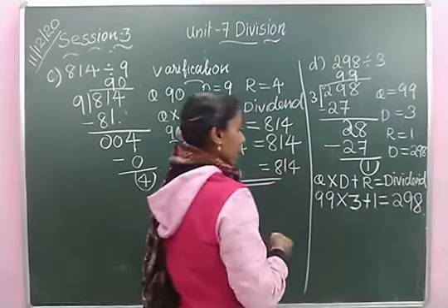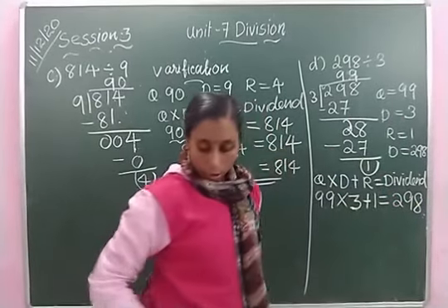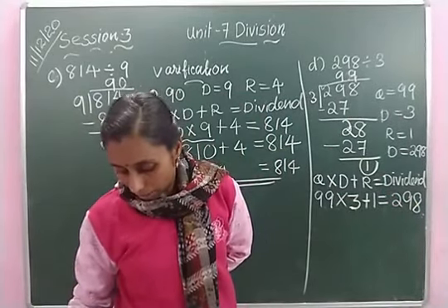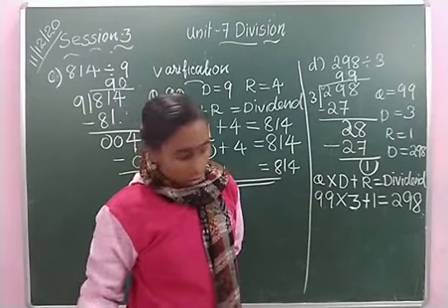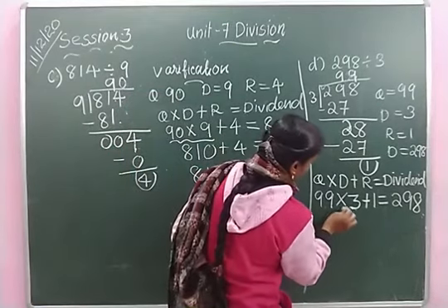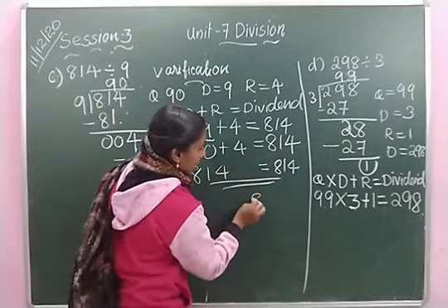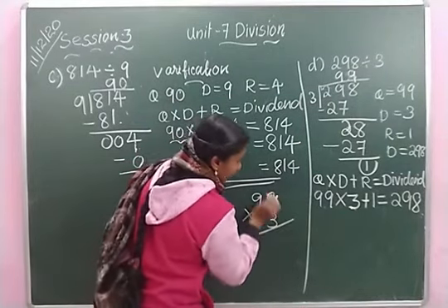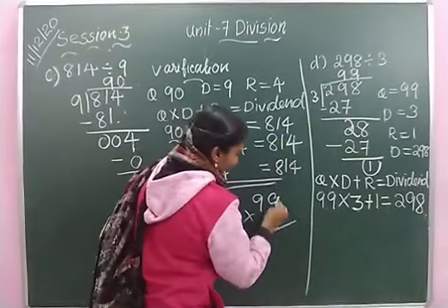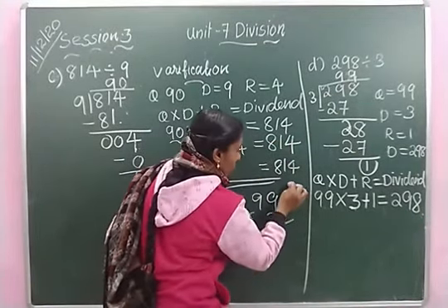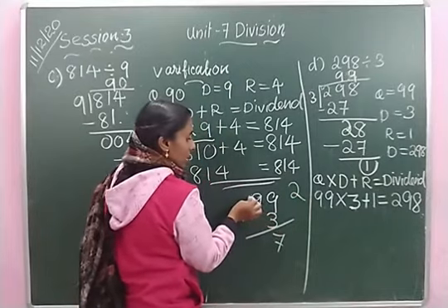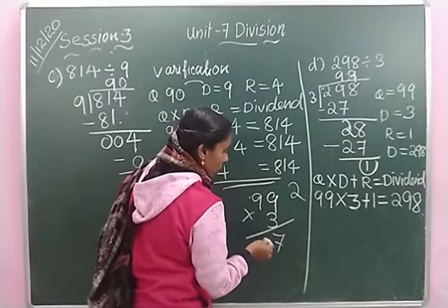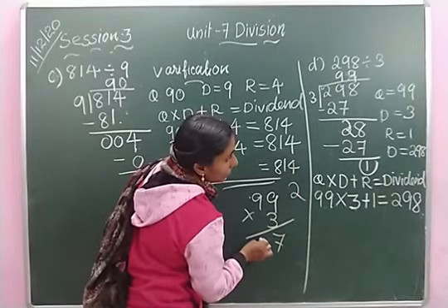298. What is 99 multiplied by 3? 297 we will get. Let's see. 9 3s are 27. This rough work you do in the margin. 9 3s are 27, 2 is carryover. 9 3s are 27, 27 plus 2, 29.